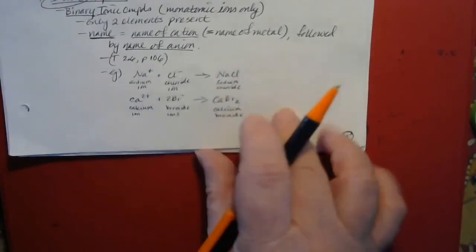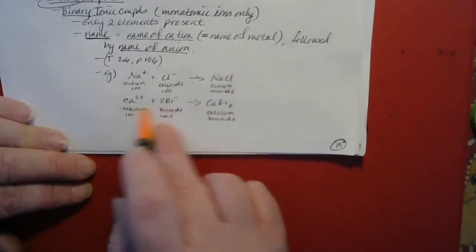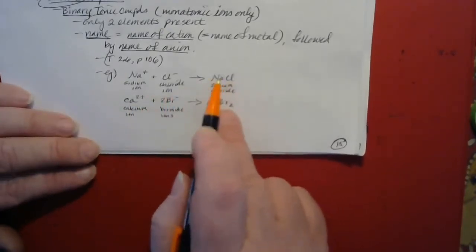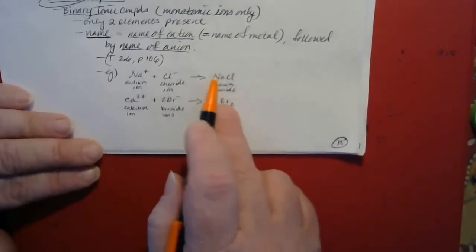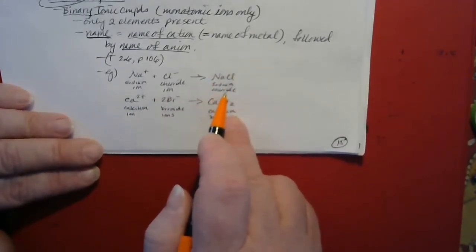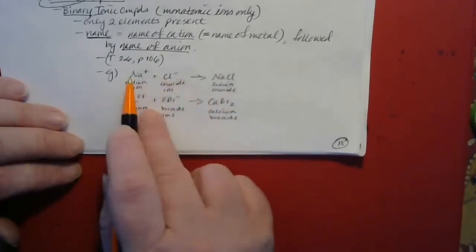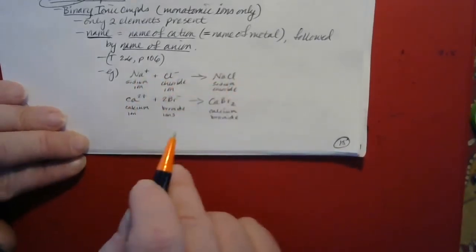That's something that you can figure out based on knowing the charges on the cation and anion. So if I say sodium chloride, you know that the formula must be NaCl, because Na is the symbol for sodium and Cl is the symbol for chloride, and Na is +1 and Cl is -1, so they go together in a 1-to-1 ratio, hence NaCl.